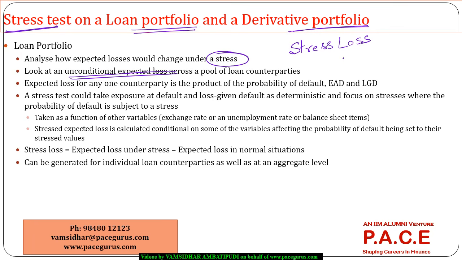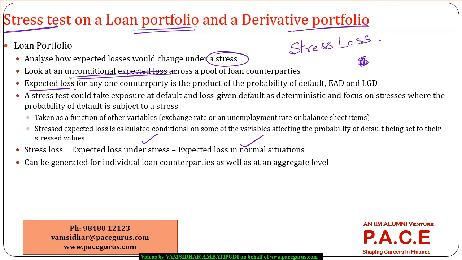Because of a possibility of stress, what is the kind of unconditional expected loss that is coming across the pool of counterparties? If I'm talking about a stress loss, I'm looking at the expected loss that I'm getting under stress versus the expected loss that I'm getting when there is no stress.